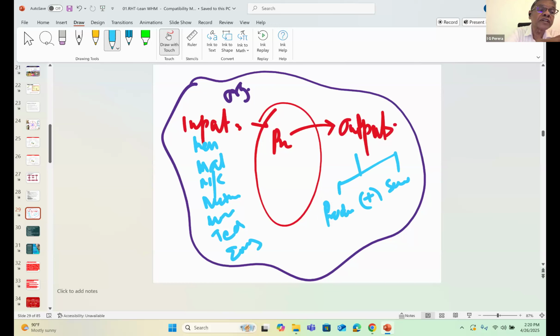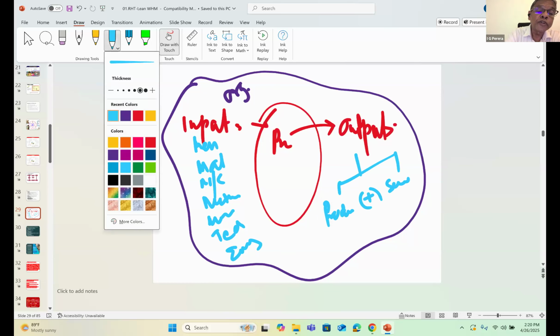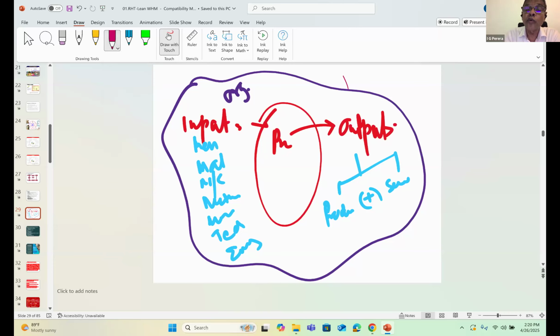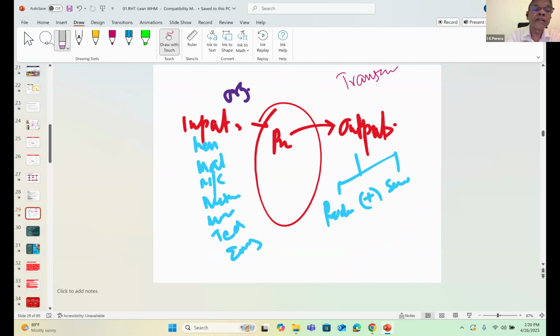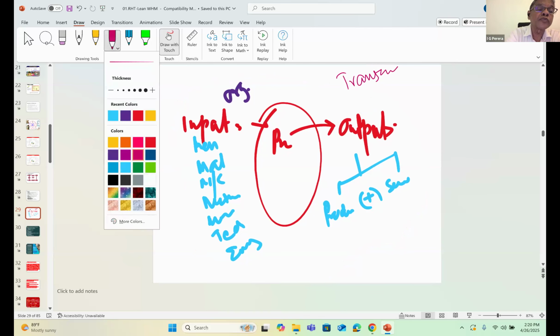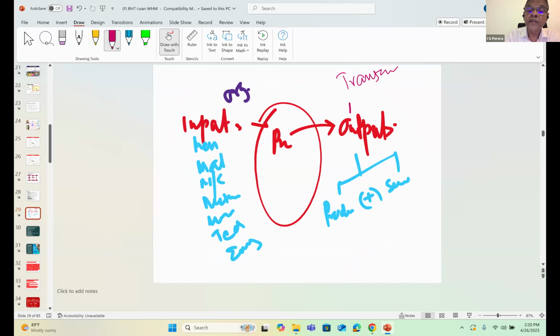In this particular process, if you take the input side, there are two types of inputs. Either your inputs will be transforming inputs or transformed inputs.